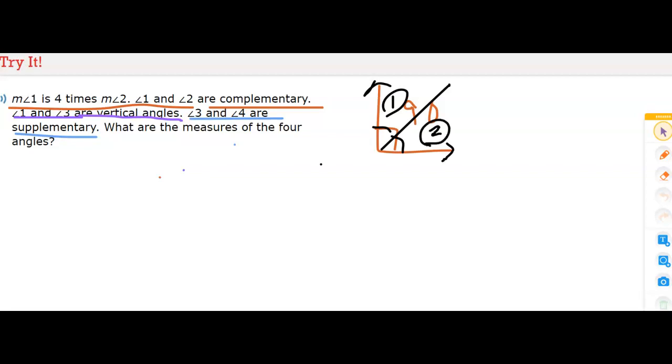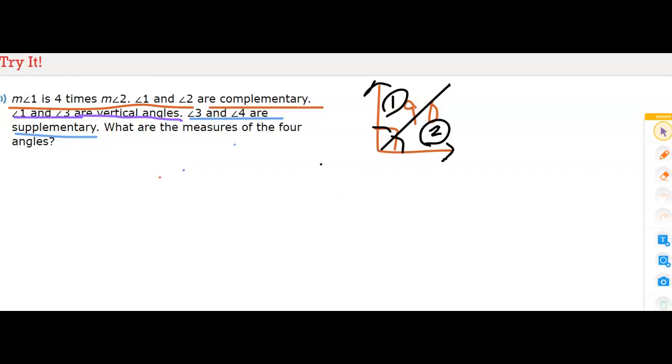And then we have 1 and 3 are vertical, so this is my angle 3 because vertical angles are directly across. That's 1 and 3, not 2 and 3. My mistake.